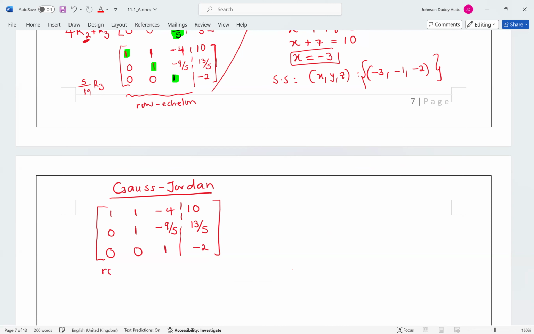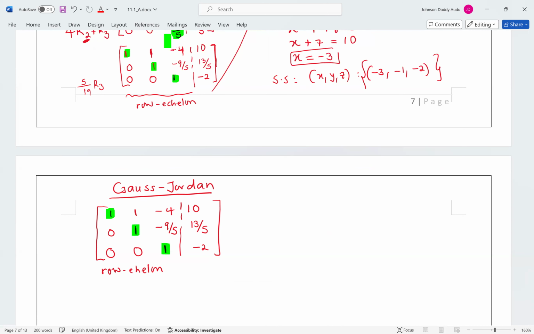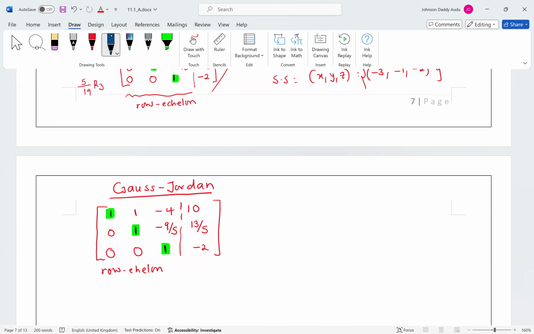So this is the row echelon form which we obtained above. Now, you see the leading entries are already 1, 1, 1. So if you want to get to reduced form, you have to take all the numbers below and above each pivot entry, or leading entry, to be 0.